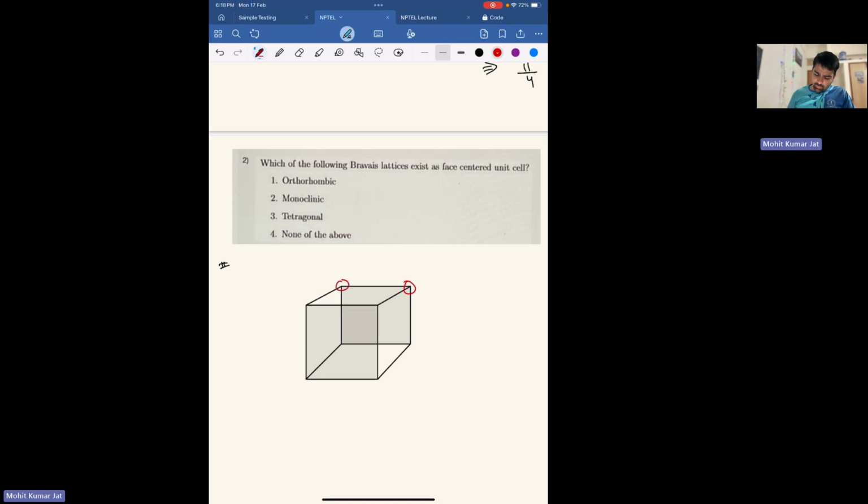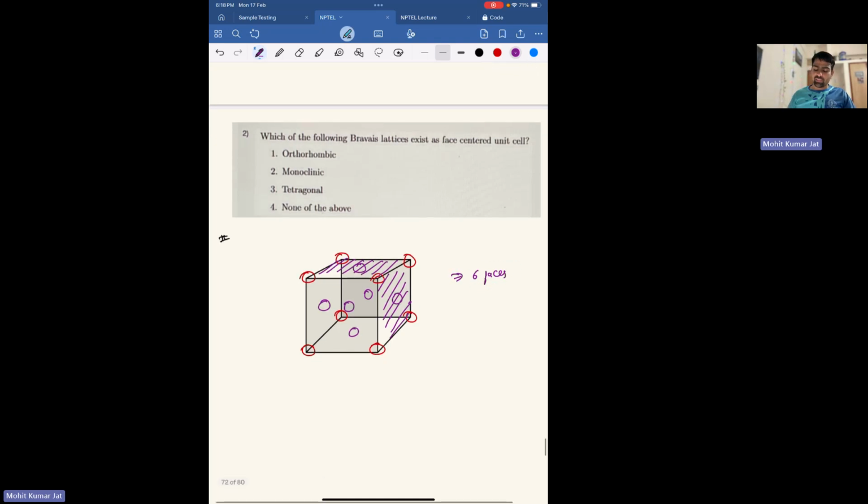The atoms are at the corner. This is a simple cubic. In face center, there will be an atom at each face. Like this is the face, right? This is also a face. Similarly, all the faces are there, right? For the cube. So each atom at the face center. So there will be a total of 6 faces. And this will be equally shared by one unit cell and another on the other side. So that's what the face-centered unit cell means.